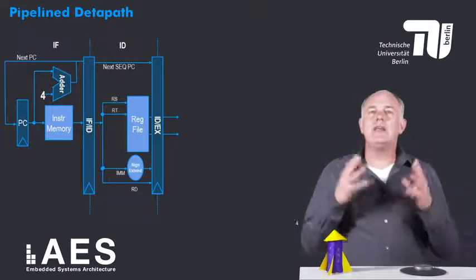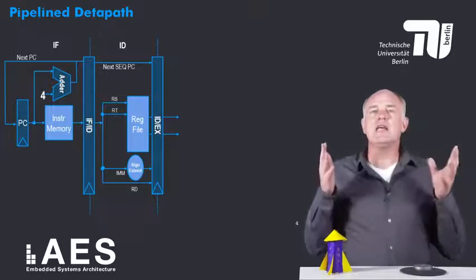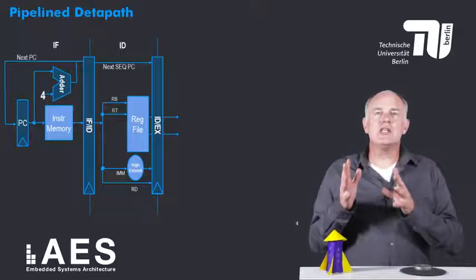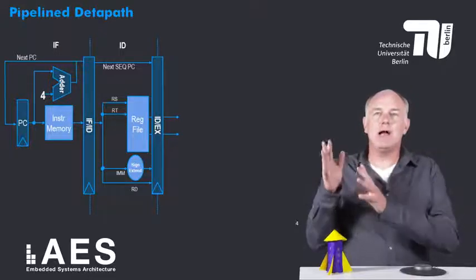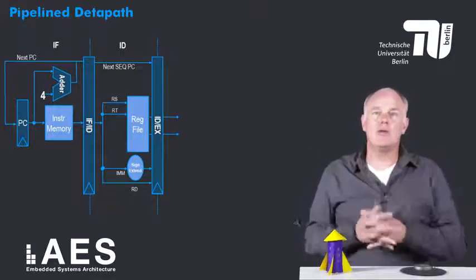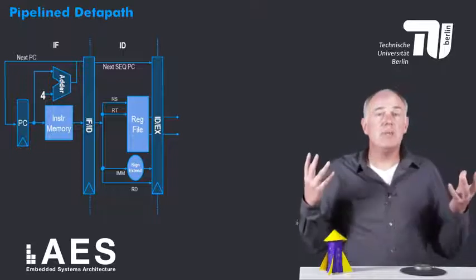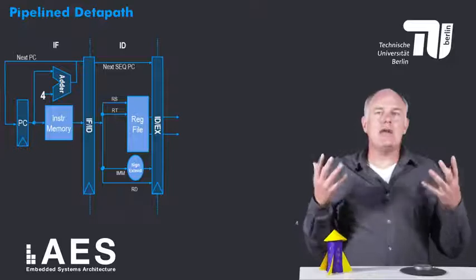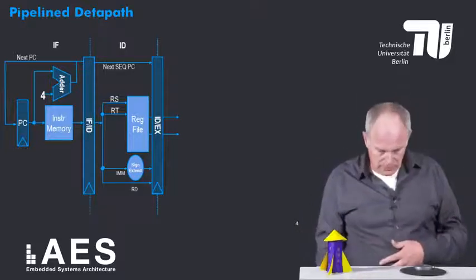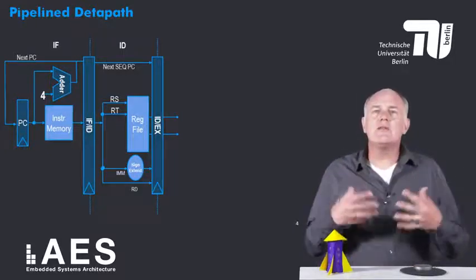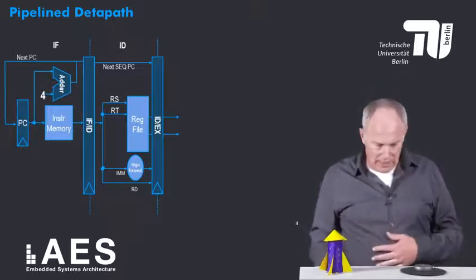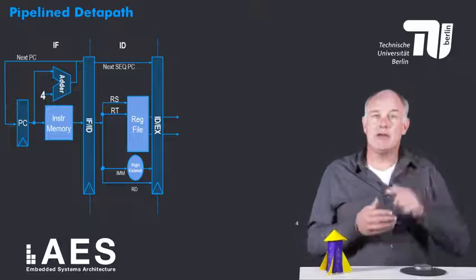This is the part of the data path corresponding to the instruction decode ID stage. While the instruction stored in the IF/ID pipeline register is being decoded in the control unit, which for simplicity is not shown here, the registers RS and RT are read from the register file in case we need them, and stored in the IDX pipeline register.